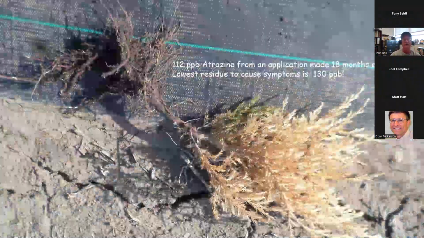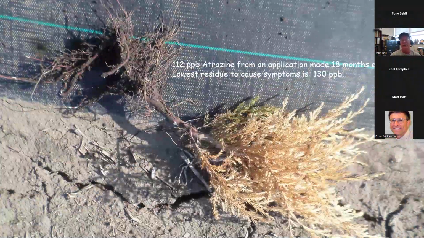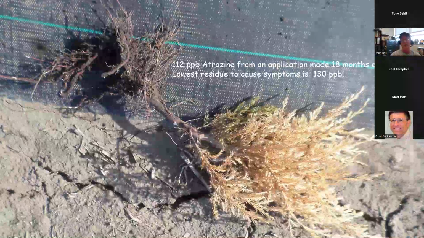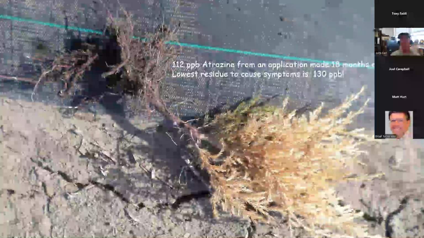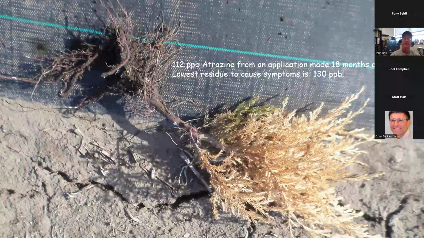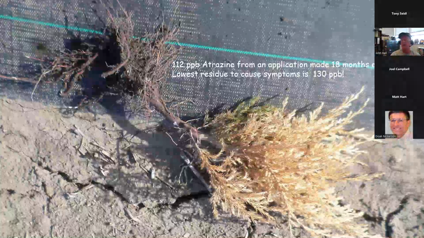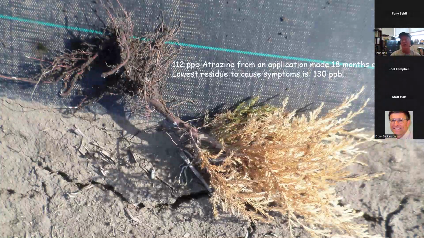But what was interesting is I was able to find 112 parts per billion of atrazine from an application made 18 months earlier. Again, 130 is where we see damage, and there had to be more than 112 in the year it was planted, and everything went south.